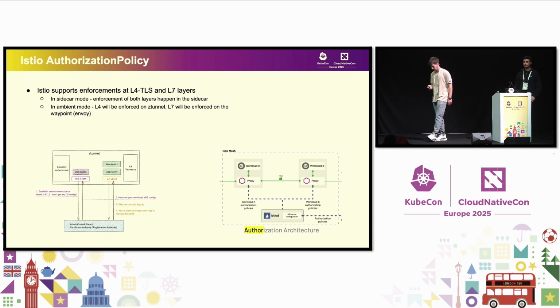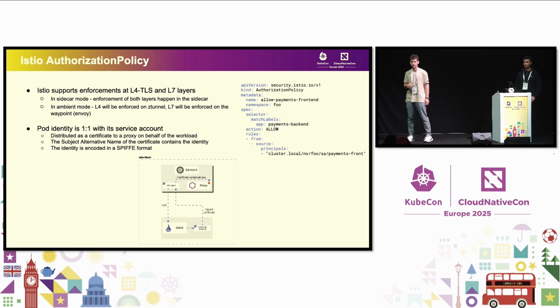But within Istio, the pod identity is one-to-one with the service account. And it's distributed as a certificate from the control plane to the proxies. And within the certificate, there is the SAN field, subject alternative name, where we could encode the identity, being the service account.